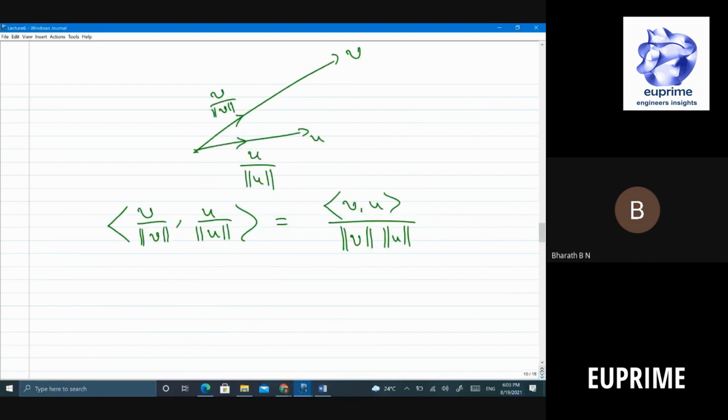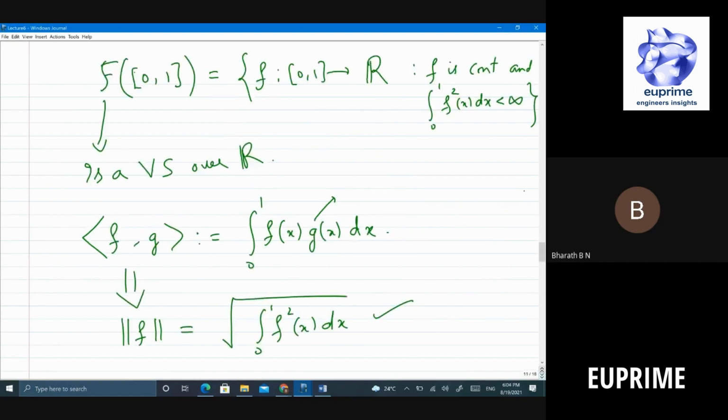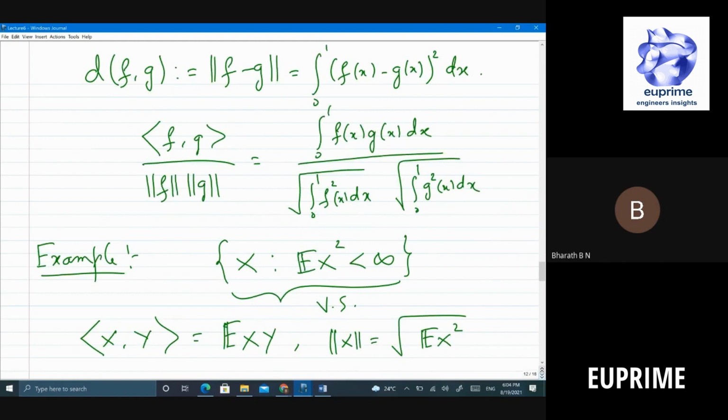Okay, so now we also saw an example of how, if you have a not so intuitive space and we have to measure similarity, how do you do that? Well, towards that, we looked at this example. You look at all functions which are continuous and square integrable. I can define my own inner product here, and that inner product will induce a norm, and therefore it becomes an inner product space.